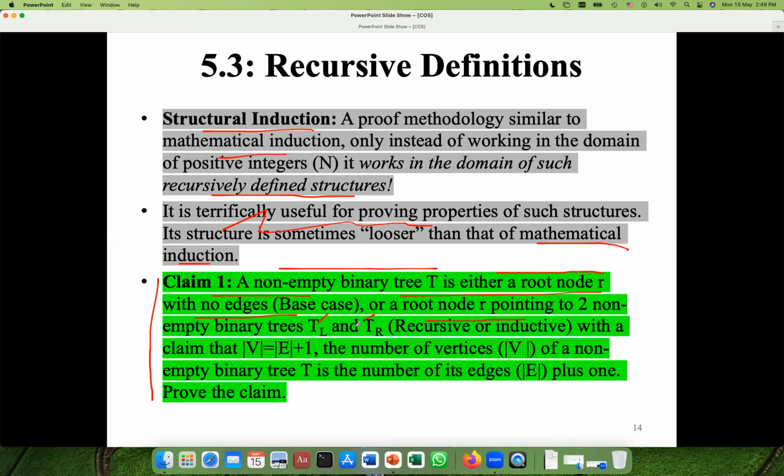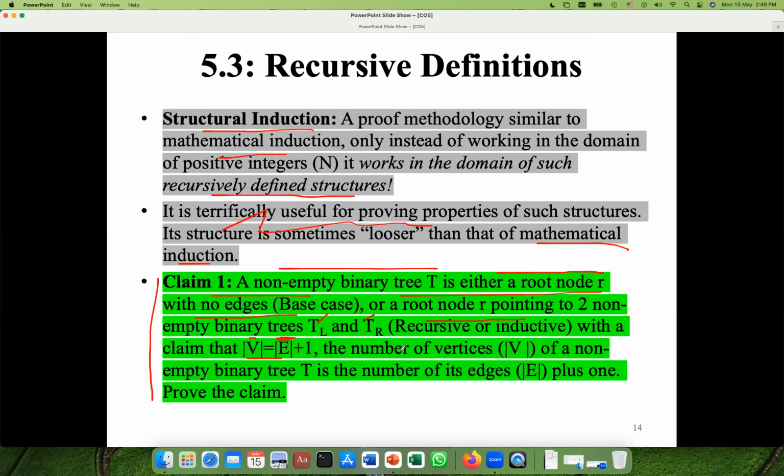So the claim is that the size of the vertices, the total number of nodes in that tree, is equal to the total number of edges plus 1. If you have the binary tree, you can calculate the total number of nodes by finding the total number of edges and adding 1 to it.